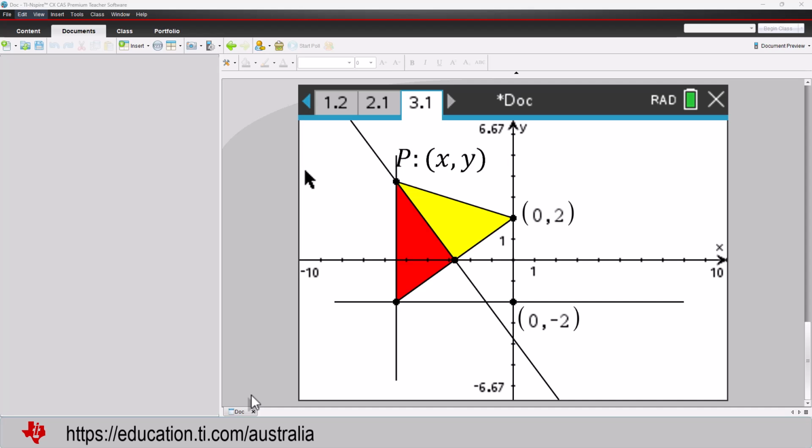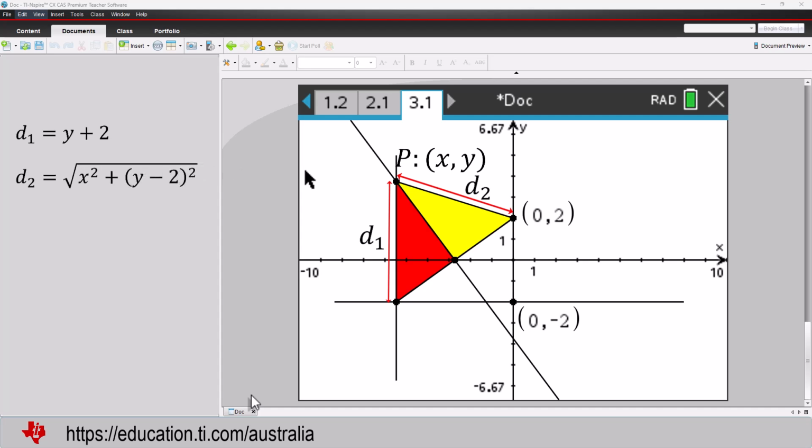The distance between P and the horizontal line can be defined as d1. d1 is equal to y minus -2. The distance between P and the point on the y-axis can be defined as d2. d2 can be calculated using Pythagoras' theorem.